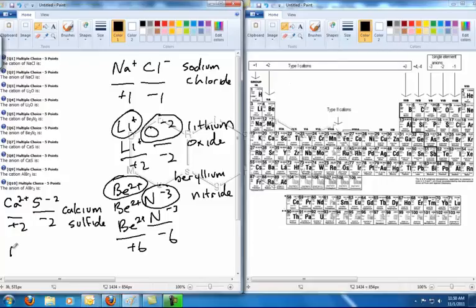Alright, the next one we've got AlBr3. So when we do this, we'll have 1 Al and then we'll have 3 Brs. If we look at the periodic chart, we see the Brs are in group 7, so they're each going to have a negative 1 charge. So the total charge is going to be negative 3. The total positive charge is going to be positive 3 to match that.